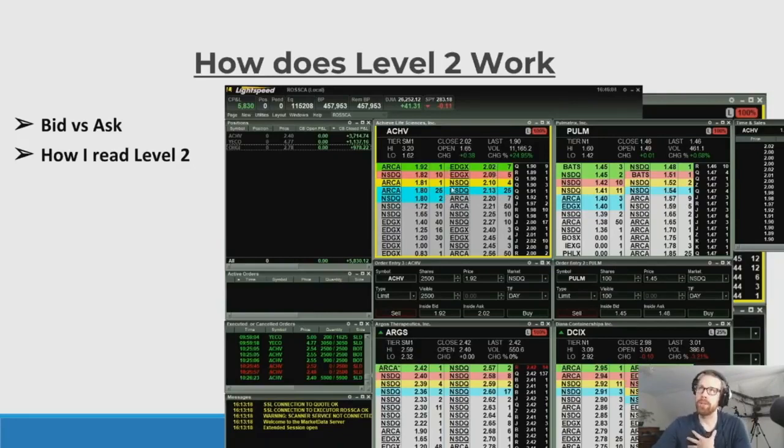Now, I personally really like to color my level 2s based on the tiers of price. When we look at these different colors, each color is a price tier. Here we only have one row of green. Green is the first depth of market, and that's because there's only one ECN or market maker sitting right here at 1.92.